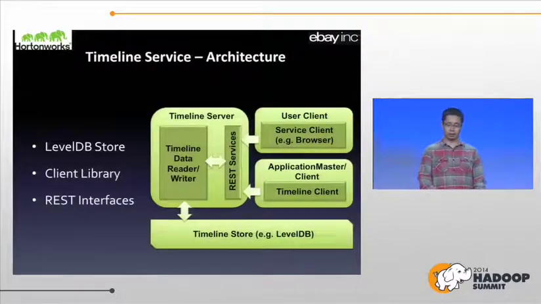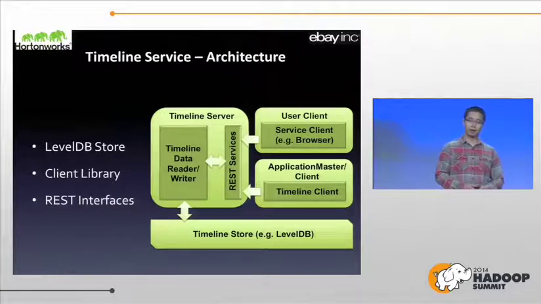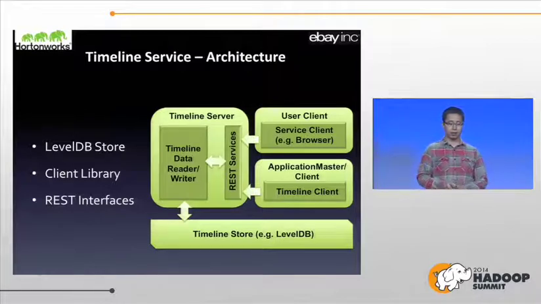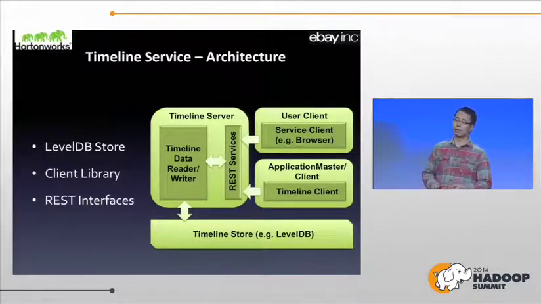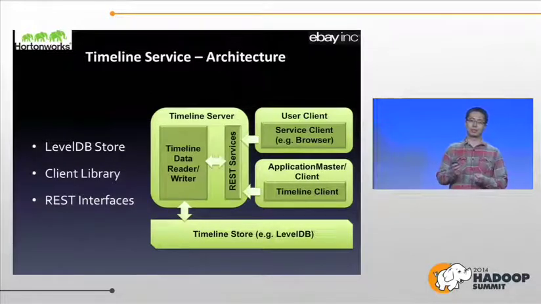Then let's look at the architecture of the timeline server to see how it works. The architecture is actually simple. At the frontier of the timeline server is a REST service. It is going to take the request from the client. It can be the request to put the timeline data.